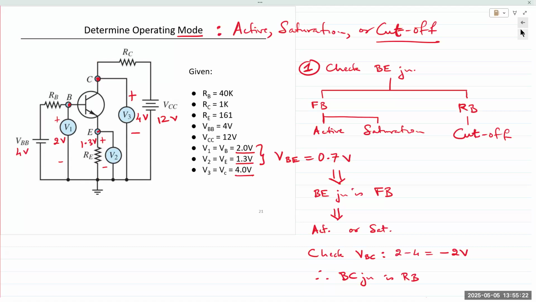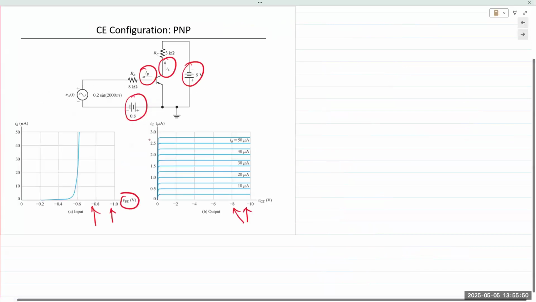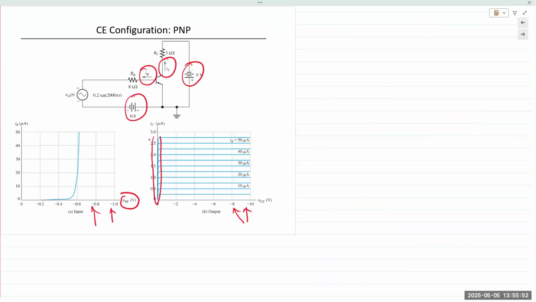There is one more way to determine whether a transistor is in saturation or not, and that is to check if VCE, the collector to emitter voltage, is less than or equal to 0.2 volts. When the transistor hits saturation, the current is saturated, so VCE is at its minimum, which is around 0.2 volts. If you remember the characteristics right here, saturation is very close to the origin.